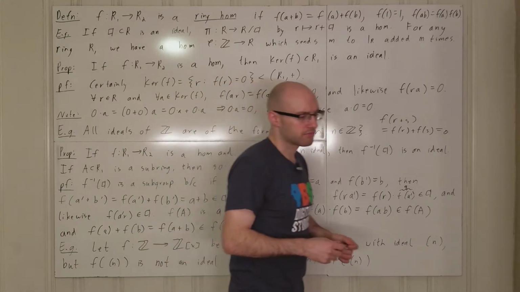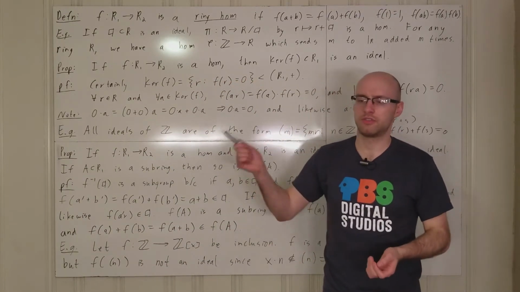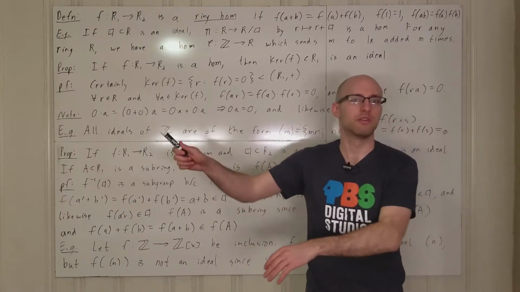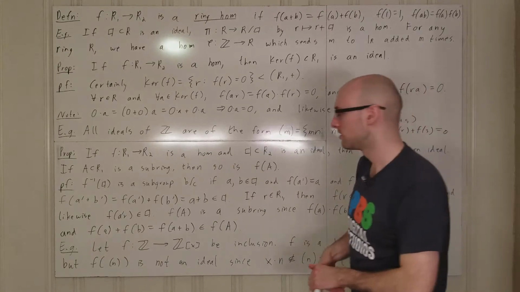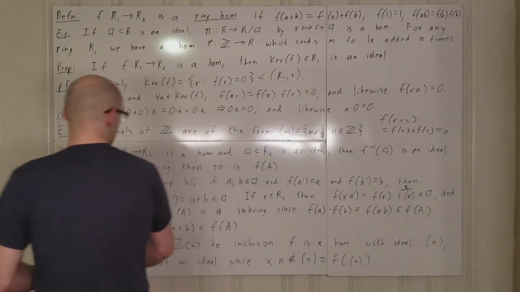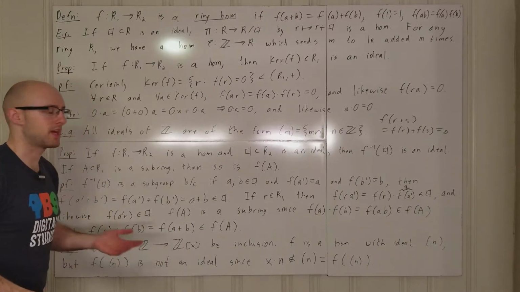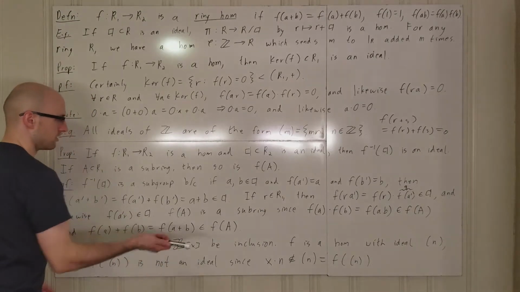So you'll map the element 2 to the polynomial that's just 2 times x to the power of 0 and nothing else, because x to the power of 0 is 1. All right, so we know that this is a homomorphism. You can check that. It's just inclusion, so it's obviously going to be nice, so long as these two things are nice, which they are.